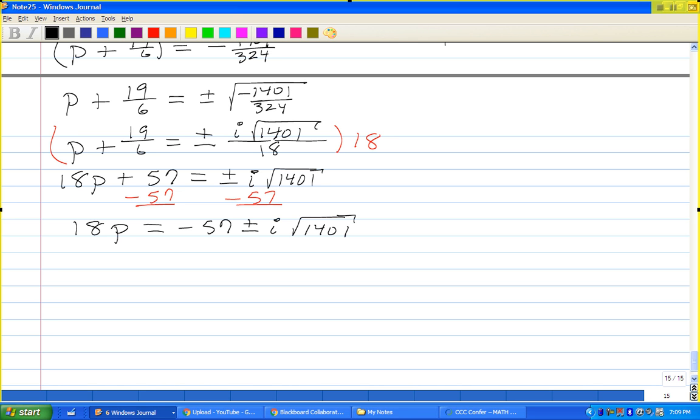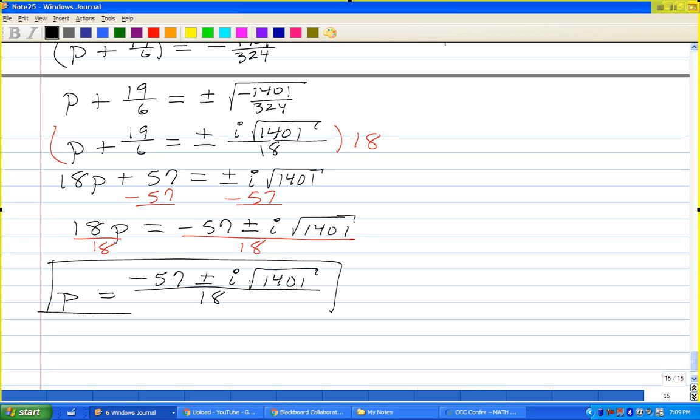Divide both sides of your equation by 18. And so you get that p is equal to negative 57 plus or minus i rad 1401 over 18.